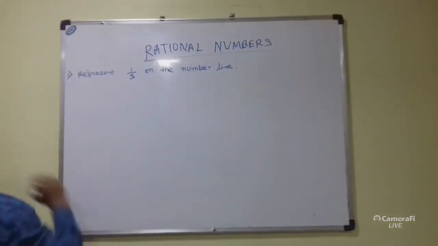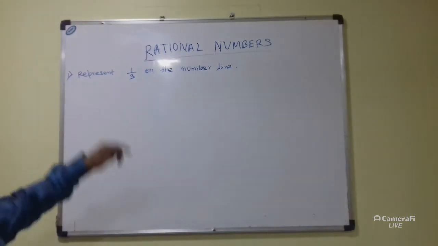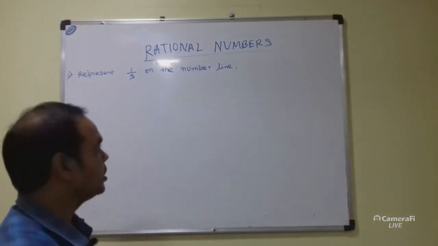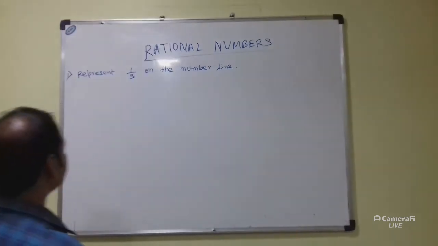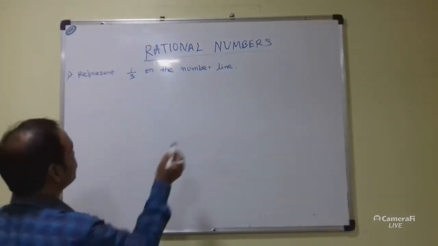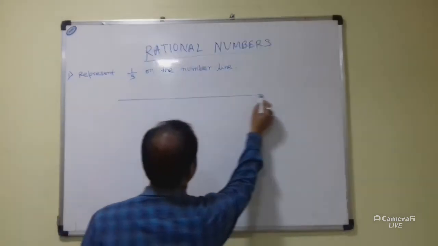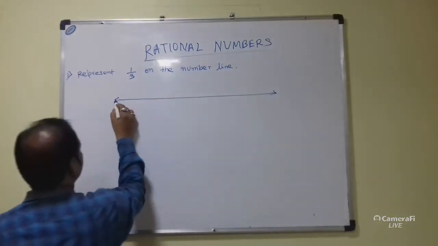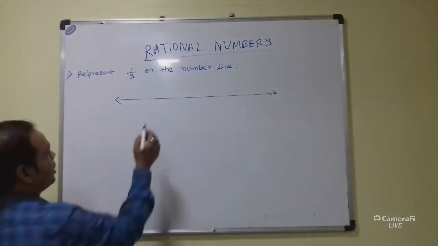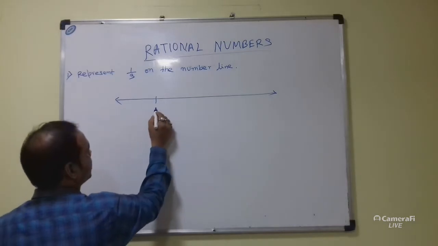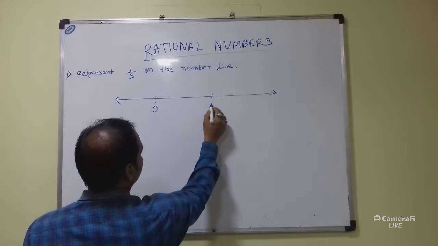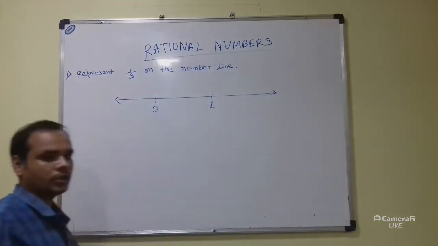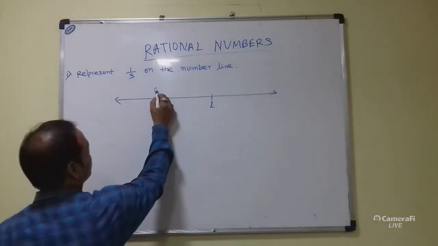How to represent 1/3 on the number line? At first we have to draw a line and take a unit value, that is 0 to 1. You can give it the name OA.